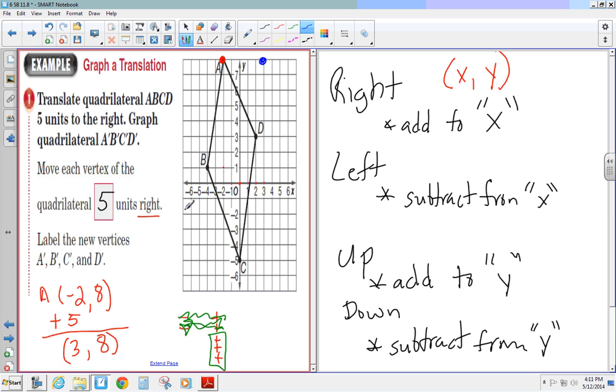If I did B, let's use red. Start at the origin, negative 4, 1. And I'm adding 5 to this.